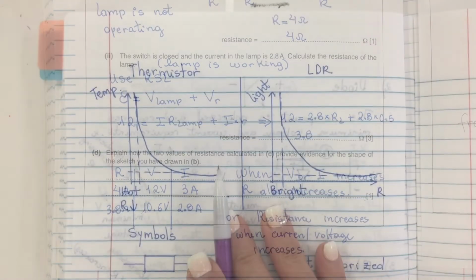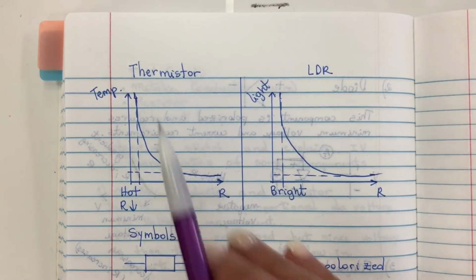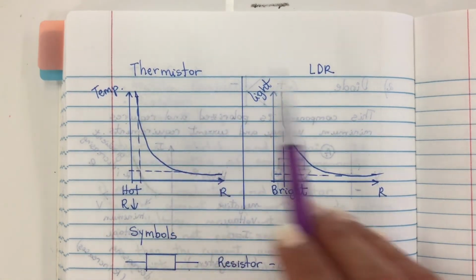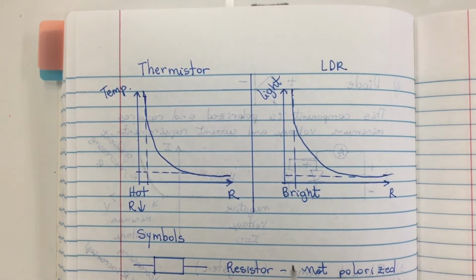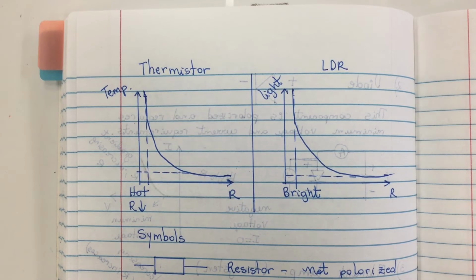Next, I want to talk about the graph of a thermistor and an LDR, not based on IV characteristics, current and voltage, but what actually triggers the change in resistance.